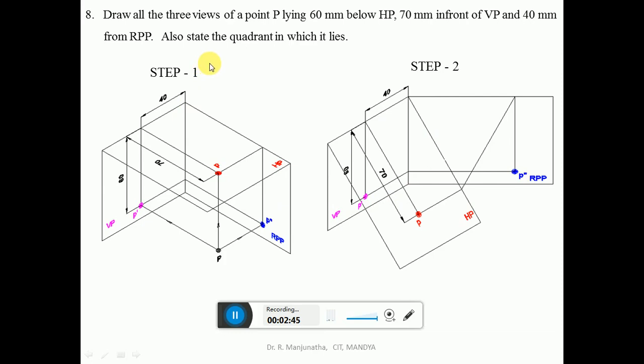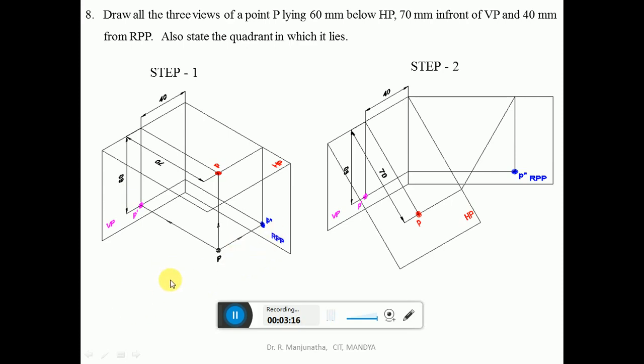When you look from the top view, the plane is between the object and the observer. When you look from the left side view, the object is between the plane and the observer. When you look from the right side view, the plane is between the object and the observer. So the condition of the front view is that the object is between the plane and the observer. This condition is satisfied in the right profile plane only when you look from the left side view.